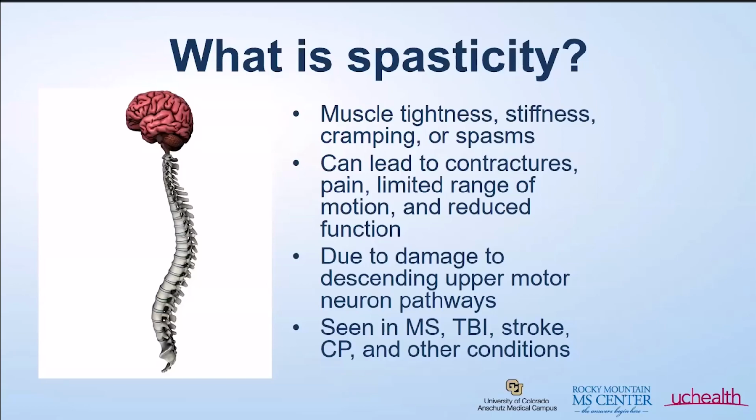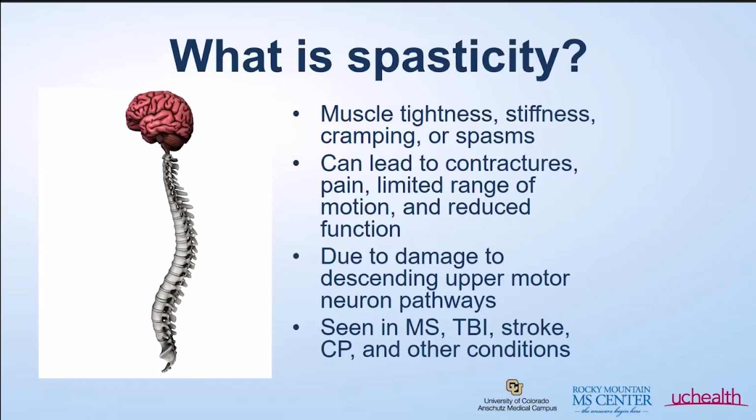In a normal state of things, those two balance each other, but it's thought that spasticity is related to an injury to that upper motor neuron, which leads to an excess excitability, in which the lower motor neuron is being told to contract excessively.